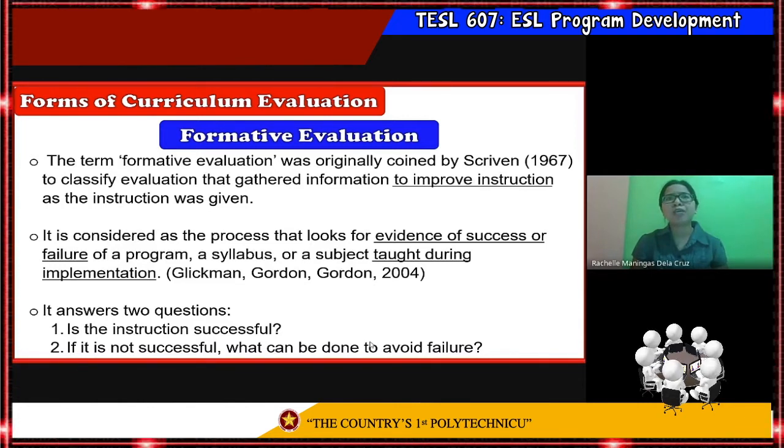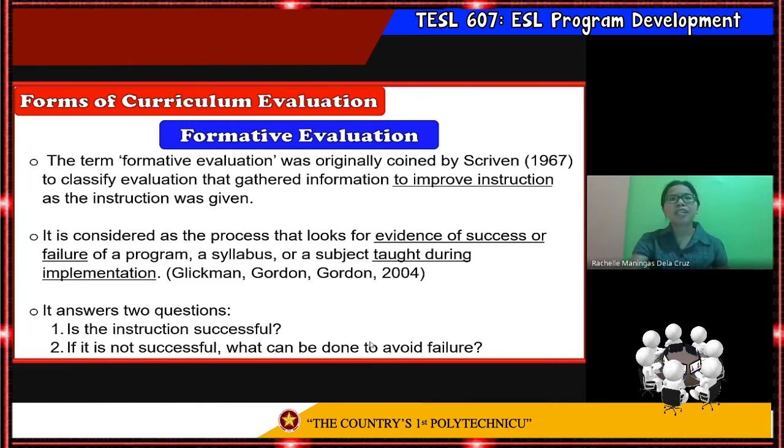So it aims to obtain information to improve a program. So formative evaluation is one way of making sure that all aspects of the curriculum implemented are likely to produce the desired and expected results. So again, formative evaluation is done to improve the instruction, and it is done during the implementation of the curriculum.